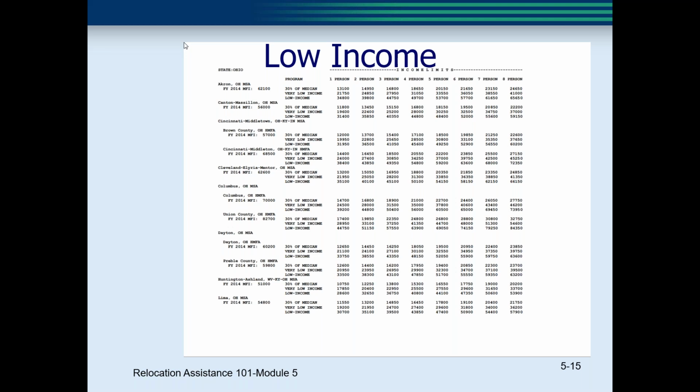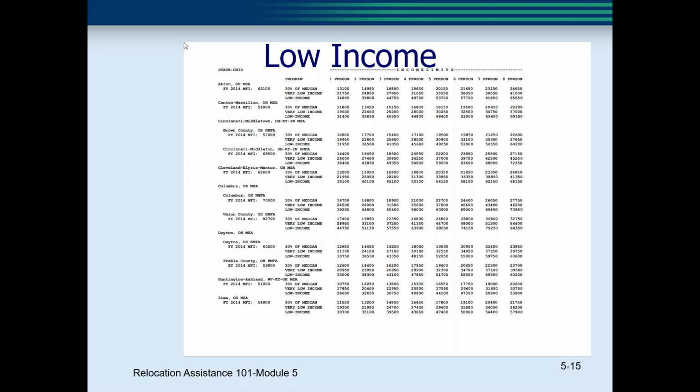If they have provided the documentation for their income and their income level is below the HUD low income threshold, then we use what is known as the 30% of income calculation. And it is really in their best interest to give you this information if it appears that they would fall into that category.